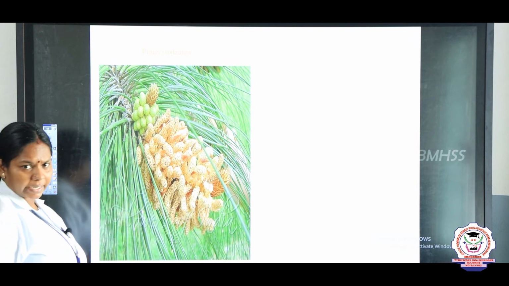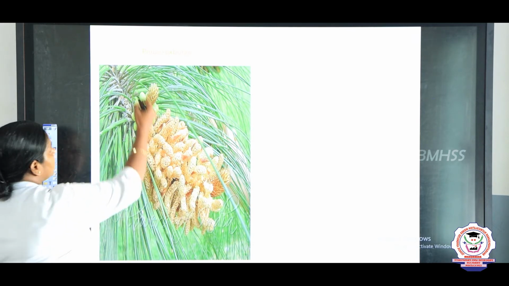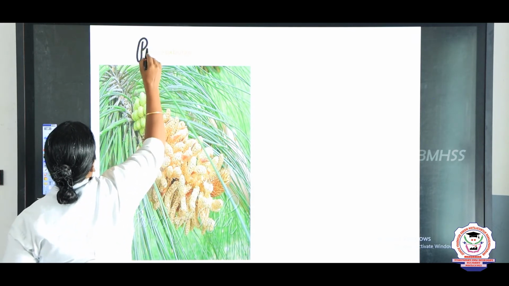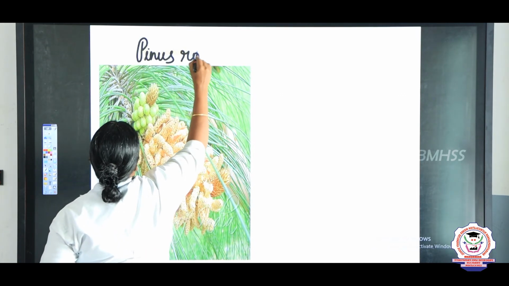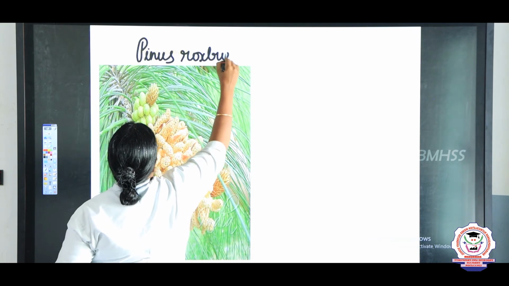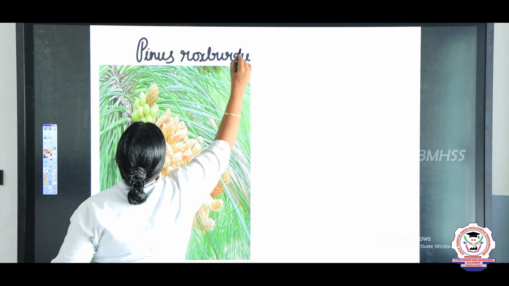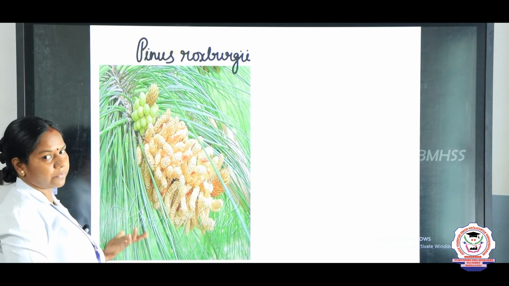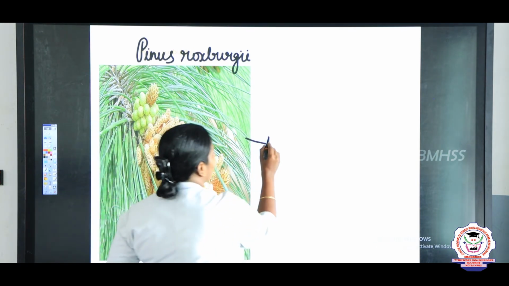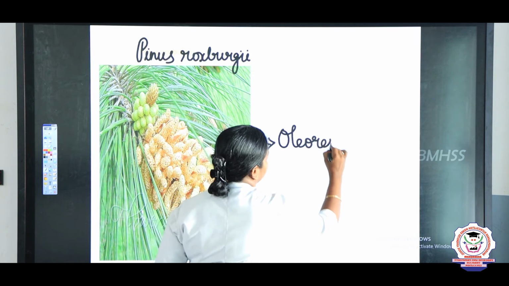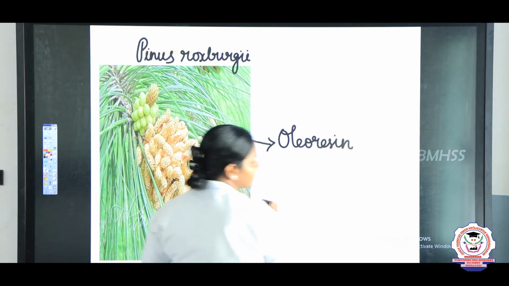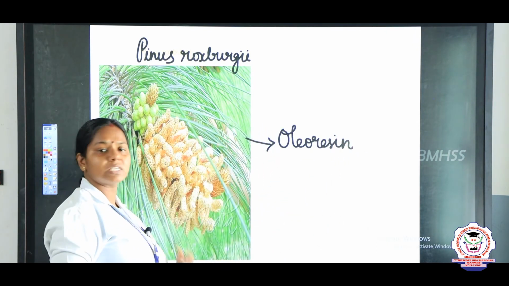The next economic importance we are going to discuss is Pinus roxburghii. And what is obtained from this plant? A substance called oleoresin. Oleoresin is obtained from this plant. What is the use of this extract?